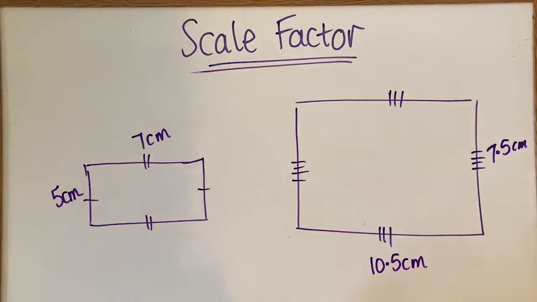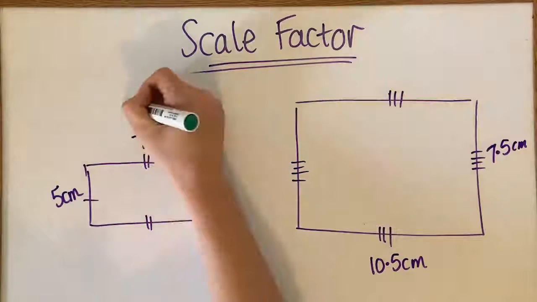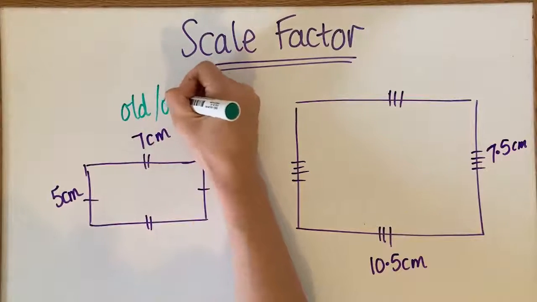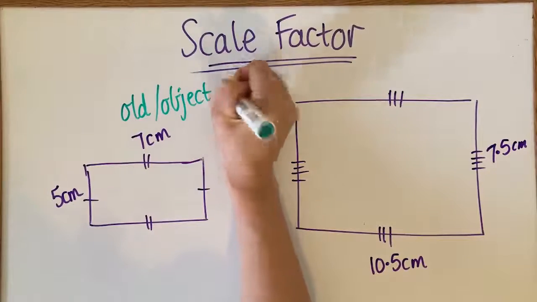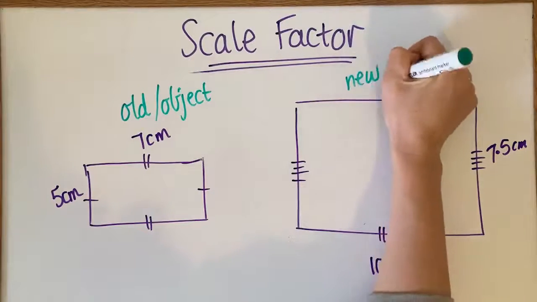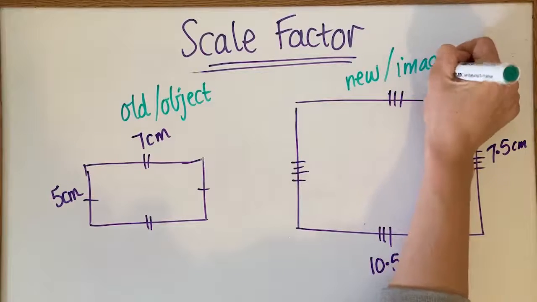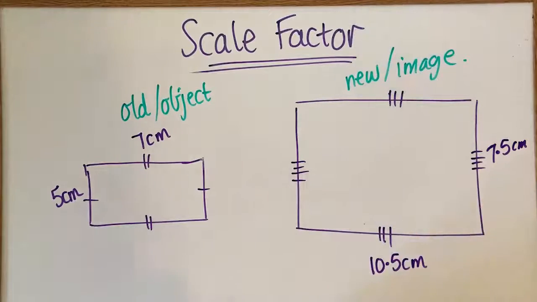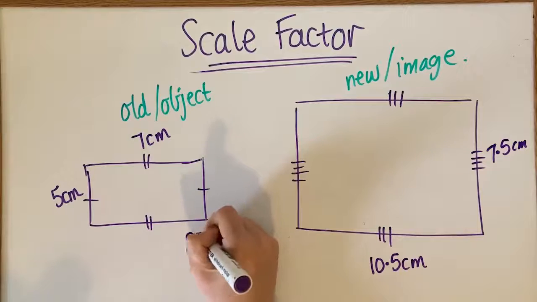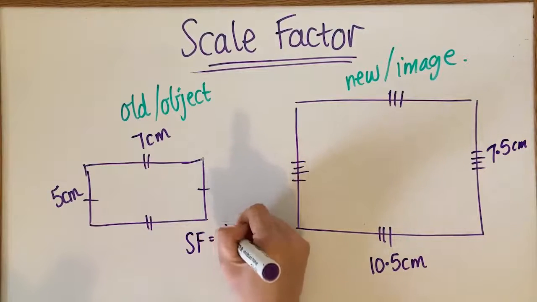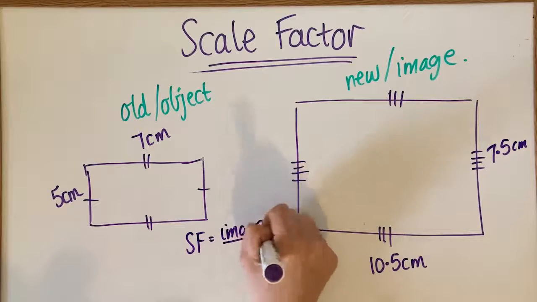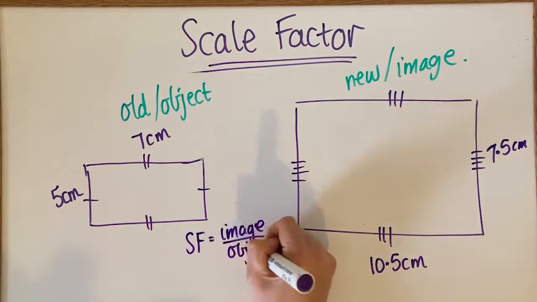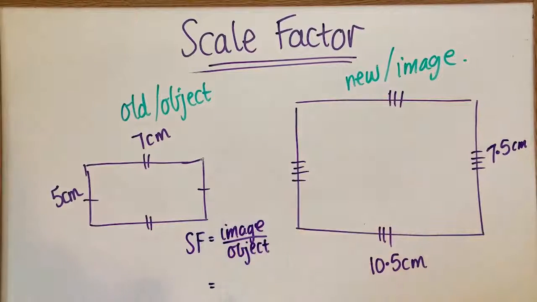All right, so in this one, if we're trying to find the scale factor, we've got the old, or the object, we call this one. And then we've got the new, or the image, which is what we call the second one. Okay, so the formula is going to be, the scale factor is we put the image over the object, and we just need to pick a corresponding side.